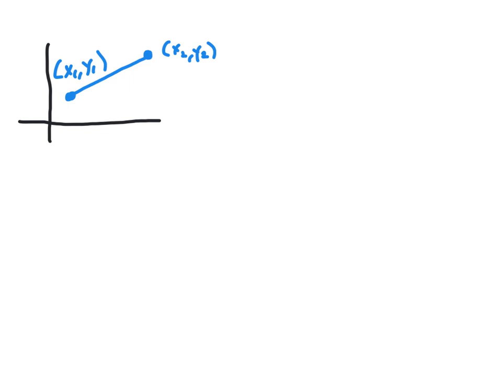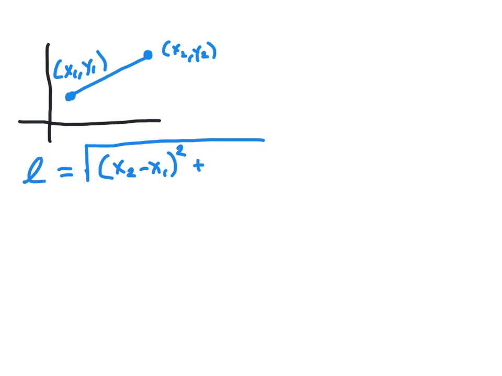That formula will give us the length of this segment. Applying it, the length of this line segment, which I'll call lowercase l, is going to be the square root of the difference in the x values squared, x2 minus x1 squared, plus the difference in the y values squared, y2 minus y1 squared. This expression is just the standard distance formula for points in the plane.